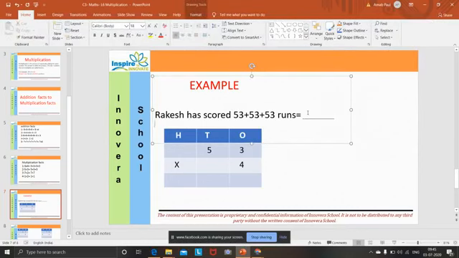Let us first do the addition. It is written 53 plus 53, so we will do the addition first.